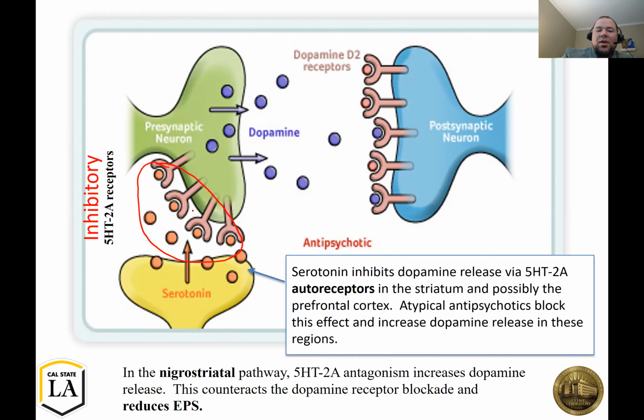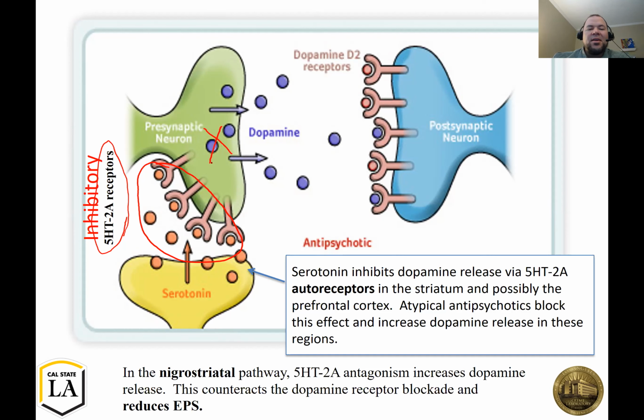So serotonin activates these 5-HT2A receptors on the presynaptic neuron. These are the normal events that occur in this pathway. So you get dopamine release, it triggers a postsynaptic response, then the serotonin is activated, it hits these 5-HT2A receptors, and since these are autoreceptors, they help terminate the dopamine release in these synapses.